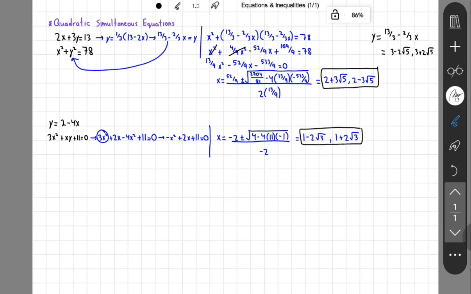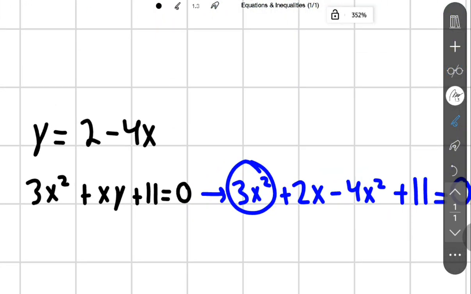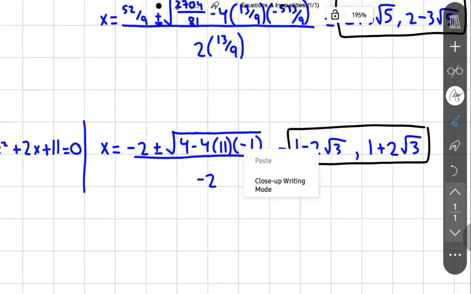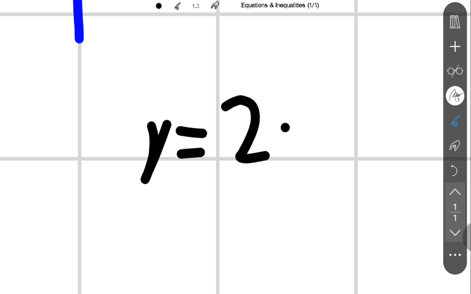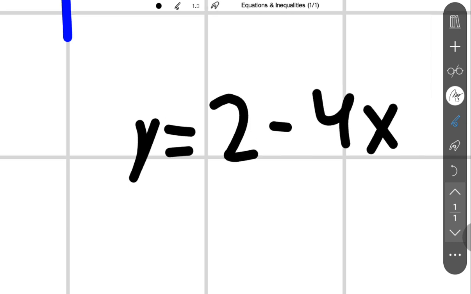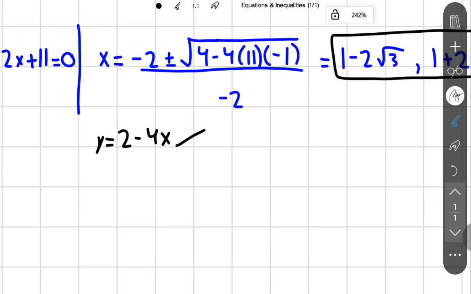And now obviously if we substitute these values in any equation to get y, we can easily substitute it here. So we'll have y equals 2 minus 4x. So we'll have our first solution as, when you replace x with 1 minus 2 root 3, 2 minus 4 bracket 1 minus 2 root 3 close bracket.